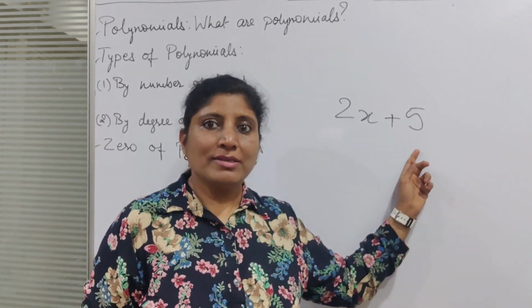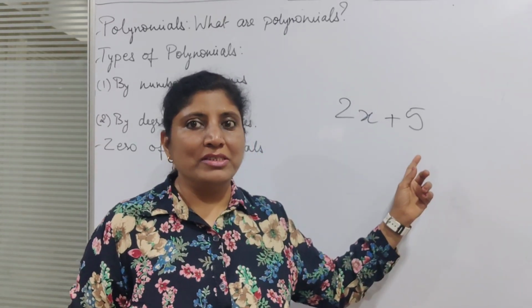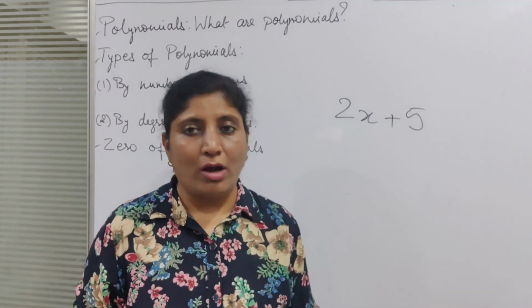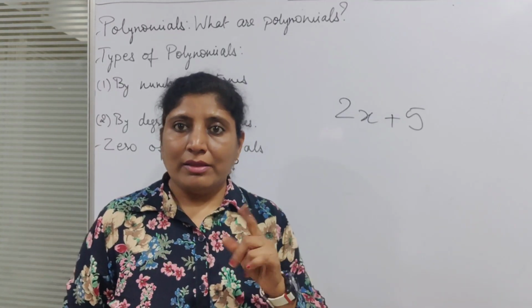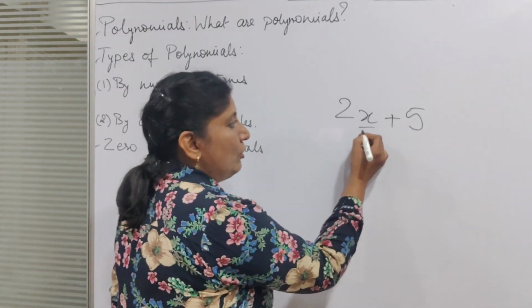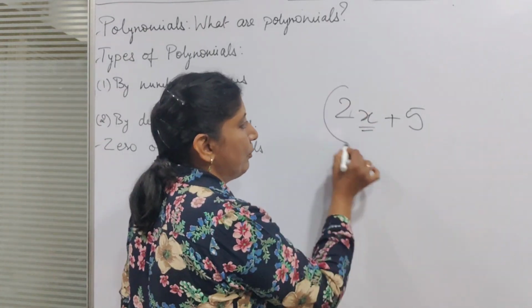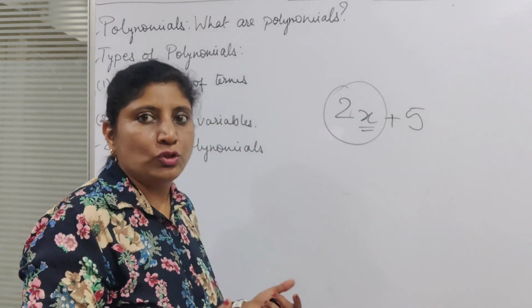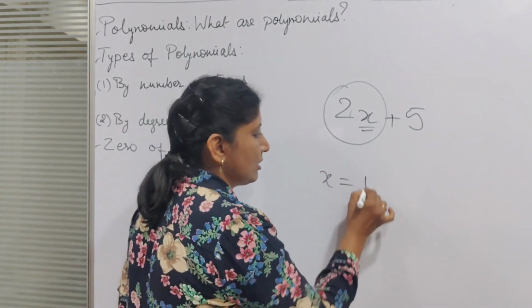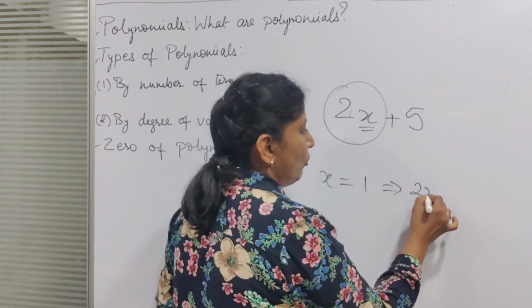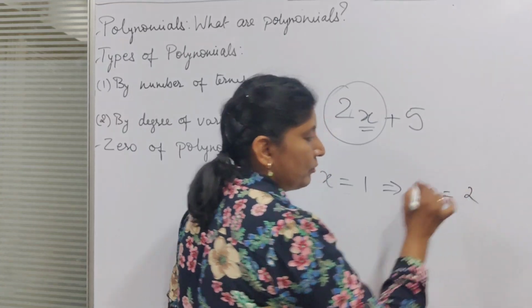This 5 is a constant number. Why it is a constant number? Because it does not have any variable. देखिए, मेरा x का वैल्यू अगर चेंज हो जाएगा तो मेरा पूरा 2x का वैल्यू चेंज हो जाएगा. If my x is 1, then my 2x is 2.